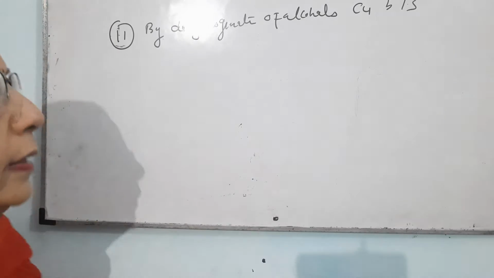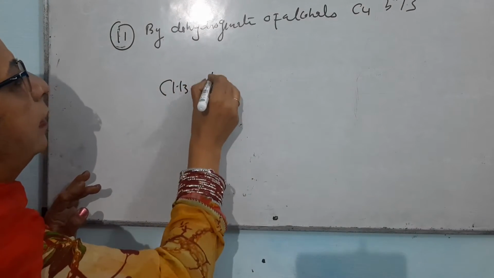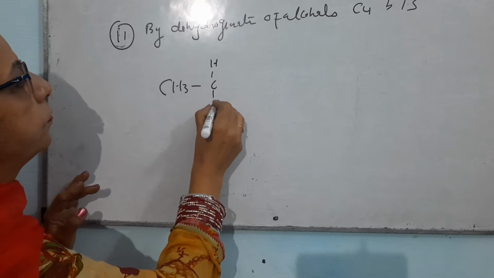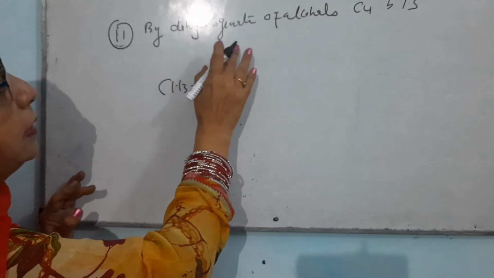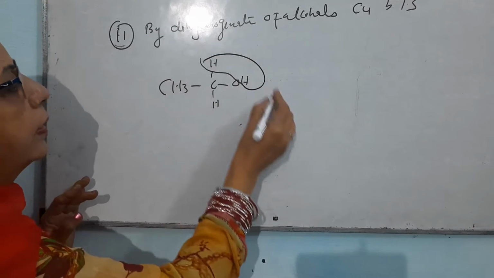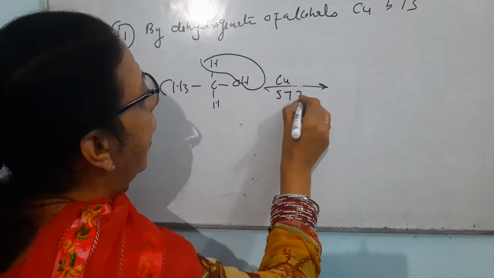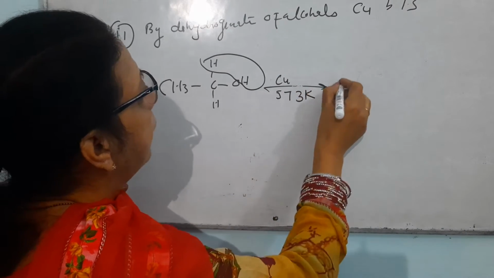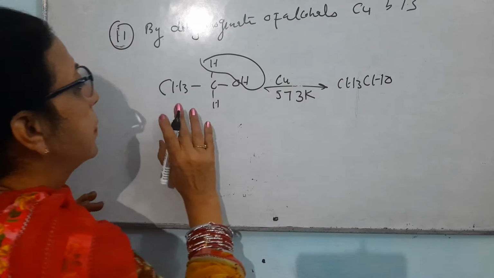This has been already discussed. Let me take an example. Suppose there is an alcohol. As the name indicates, it is dehydrogenation. So there will be a removal of hydrogen. The reaction takes place in the presence of copper at 573 Kelvin, and there will be formation of aldehyde taking place.